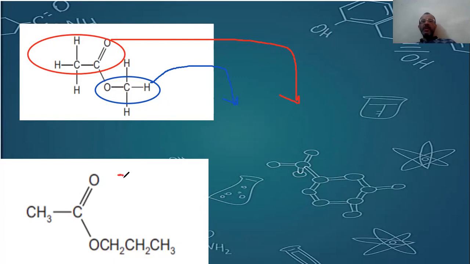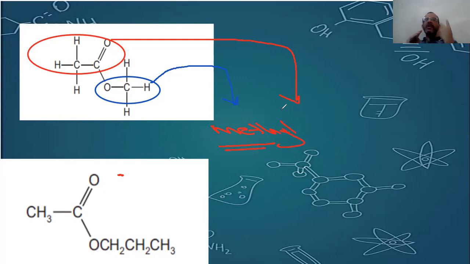So this will be methyl. The part that comes from alcohol, we call methyl. Teacher, it is methanol? Yes, if it's alcohol only, we call it methanol. But once it becomes a part of an ester, we call it methyl.